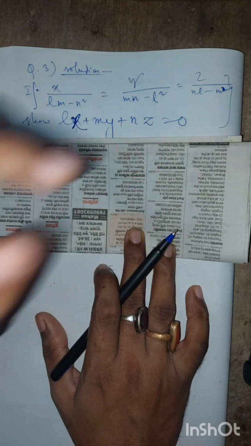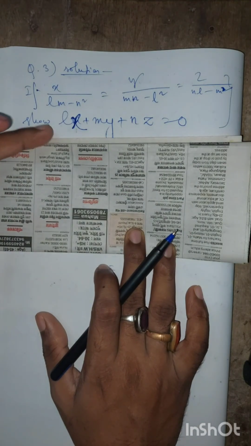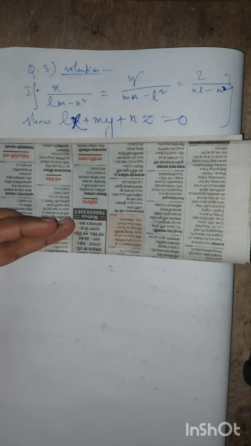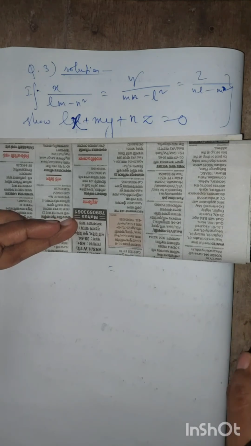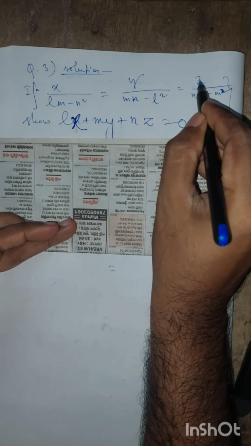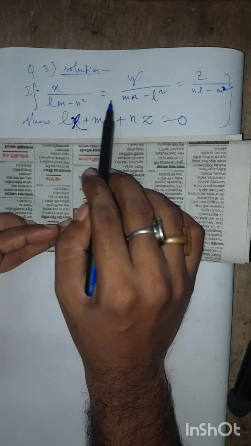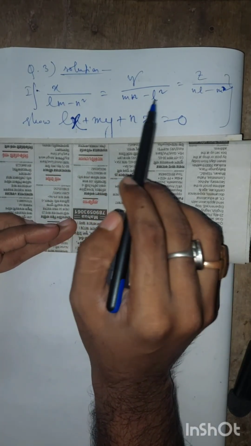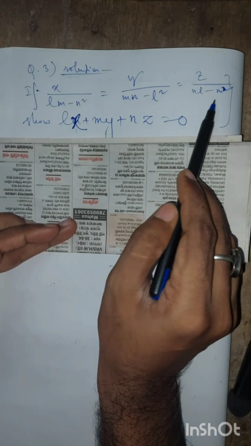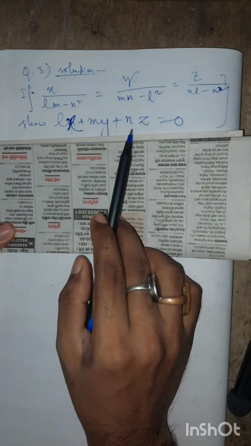This is our given information, and we need to prove lx plus my plus nz equal to 0. Given x by lm minus n square equal to y by mn minus l square is equal to z by nl minus m square. We need to show this.